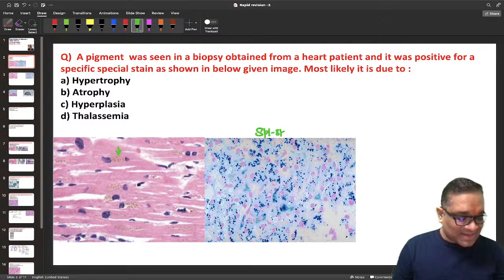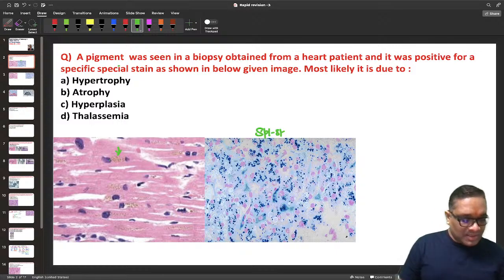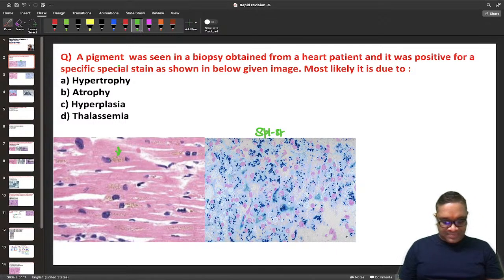Okay, first correct answer I have got from Rahul P. Right? So Rahul has given me the first correct answer, and that is D. So it is D.